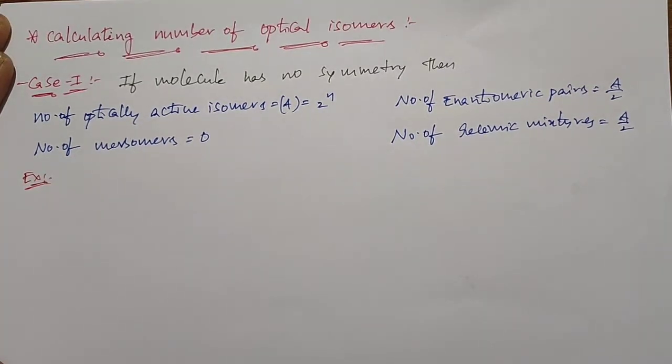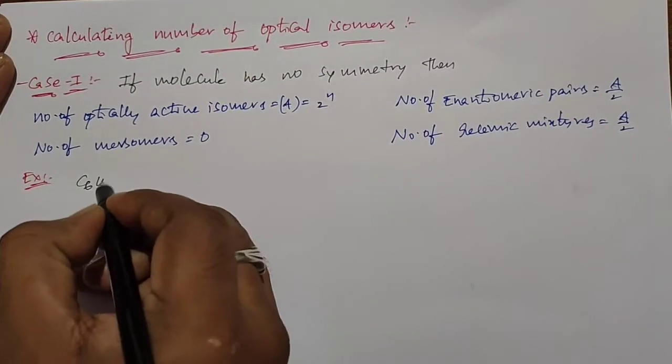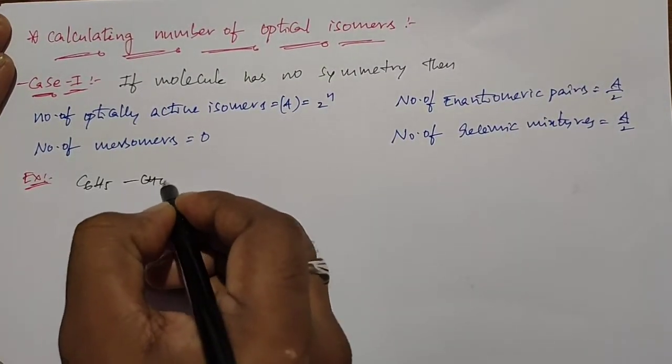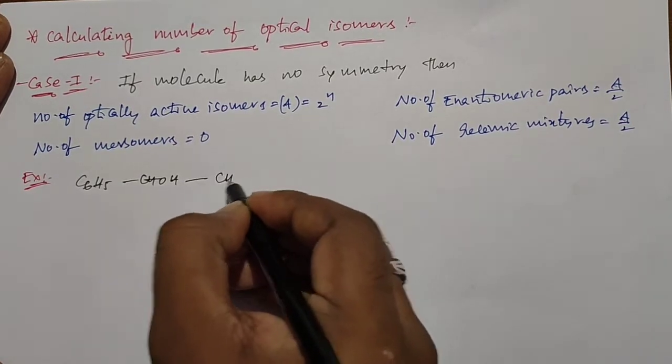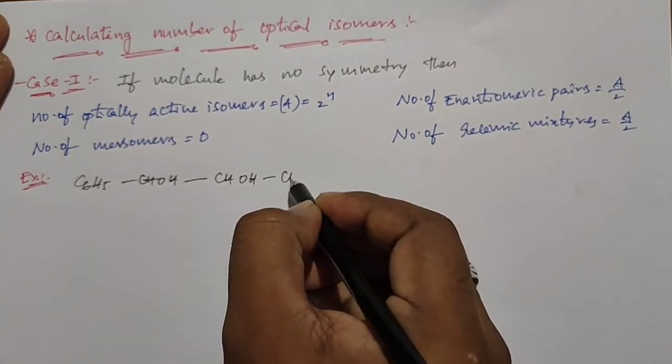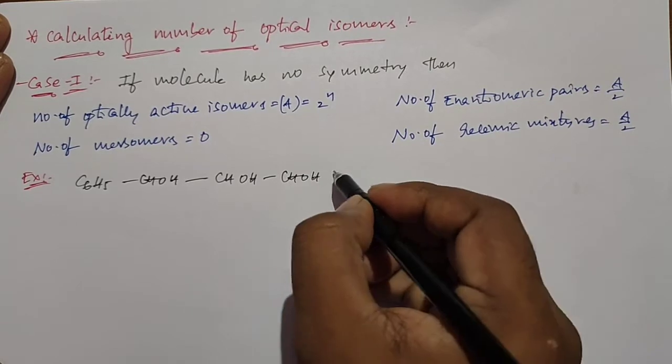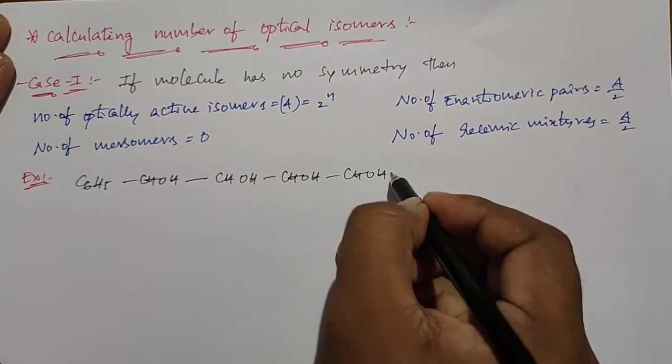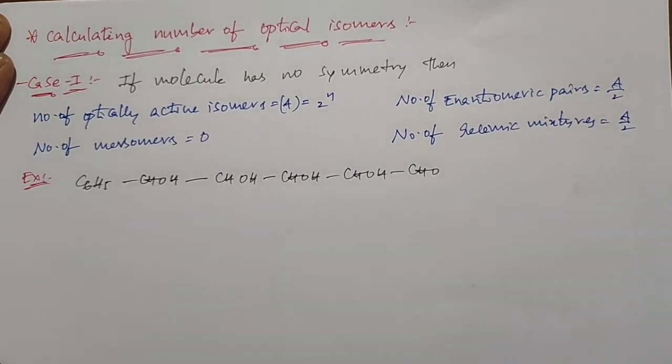So here I give one example for better understanding. The first example is C6H5 CHOH CHOH CHOH CHOH CHO.